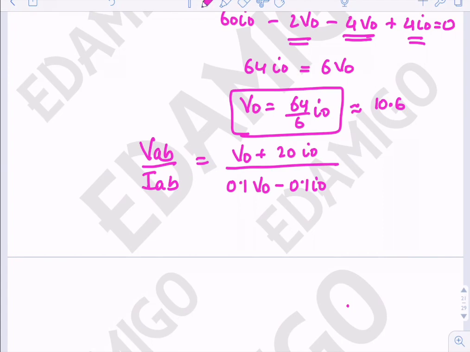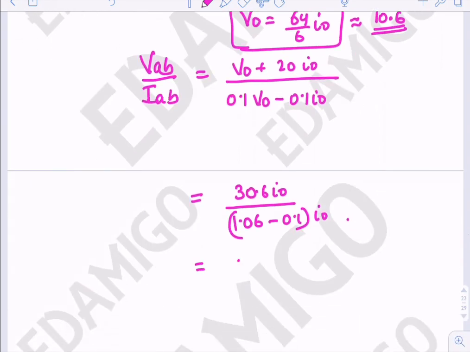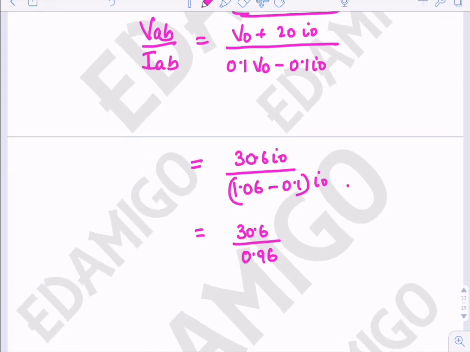So we can easily put the value here. It is equal to 30.6 I0 divided by 1.06 minus 0.1 I0. That will come out to be 30.6 divided by, if you subtract 1.06 minus 0.1, 0.96. So 30.6 divided by 0.96 will come out to be 31.8 something.